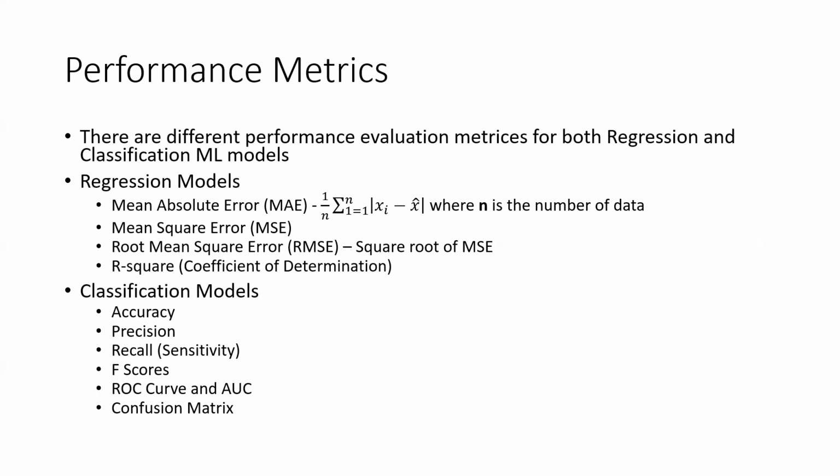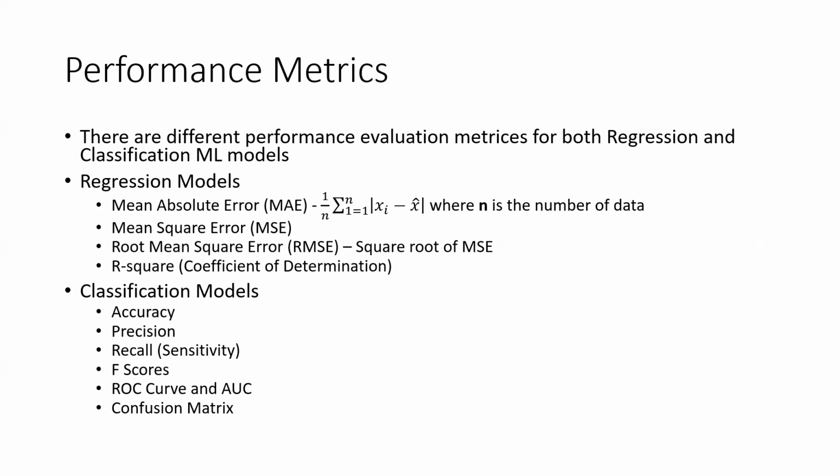When it comes to performance metrics, there are two types of performance metrics, right? In this case we are discussing supervised machine learning, where there are mainly two types of models: regression and classification models, right?